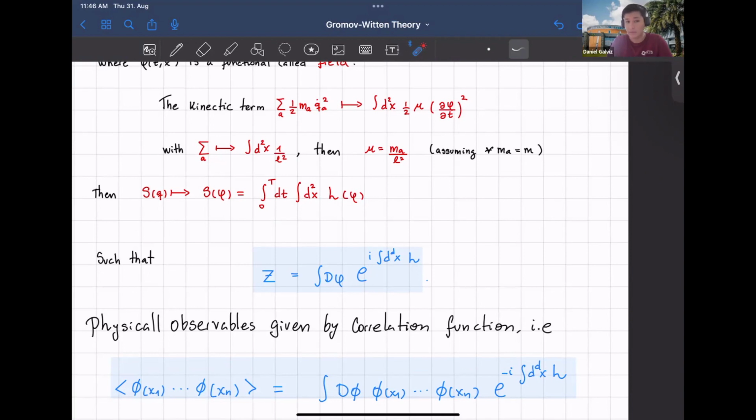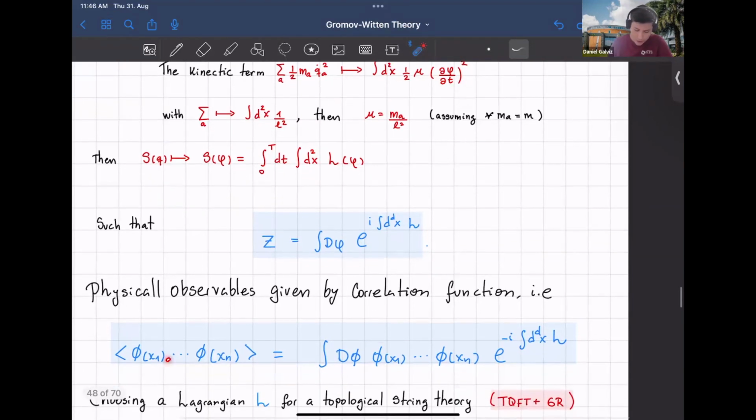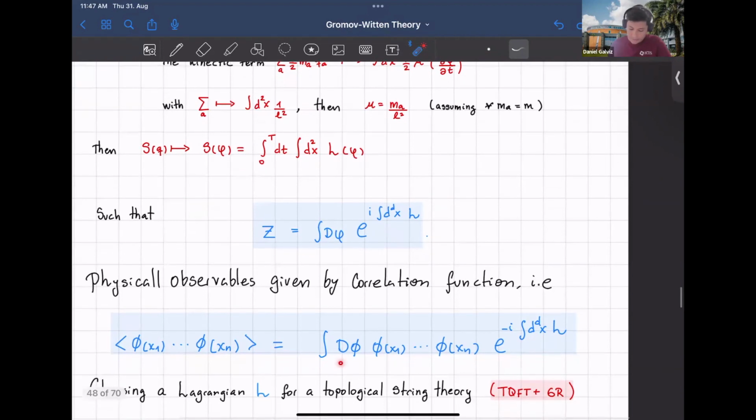And these physical observables are given by correlation functions. So for example, you can do a correlation function of charge where you want to measure the charge, or the correlation function of energy. And this correlation is how the fields interact, and it's just expressed by this.